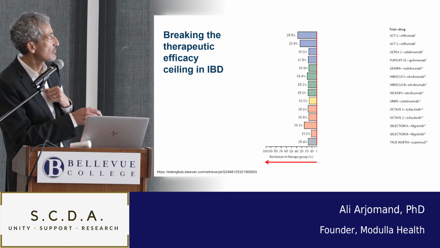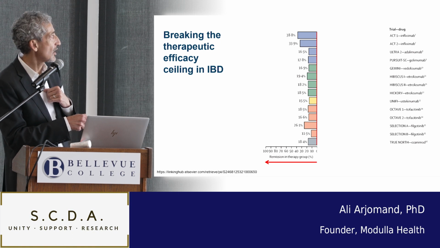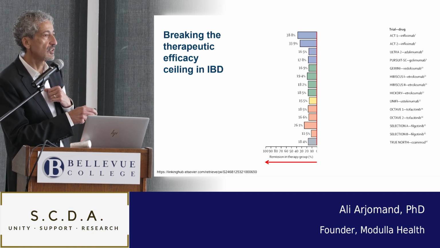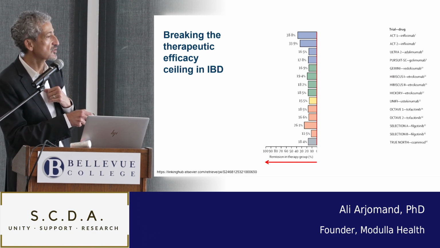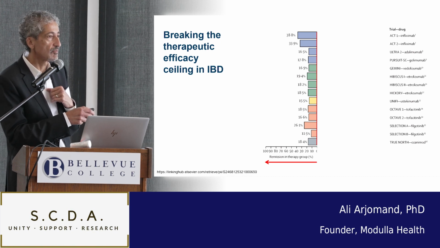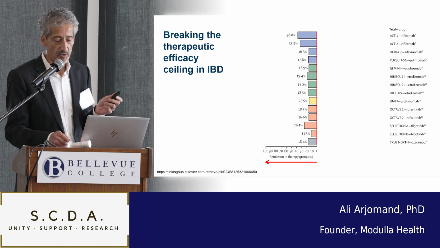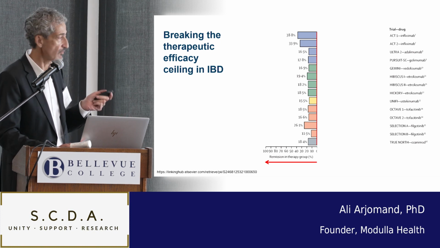Some of these are drugs you know. And the efficacy rate of the people who got treated in the clinical trial. Pretty dismal rates. 15% benefited. 19% benefited. At best, it's in the 30s. This is the state of affairs in the pharmaceutical space. The efficacy rate is really low.